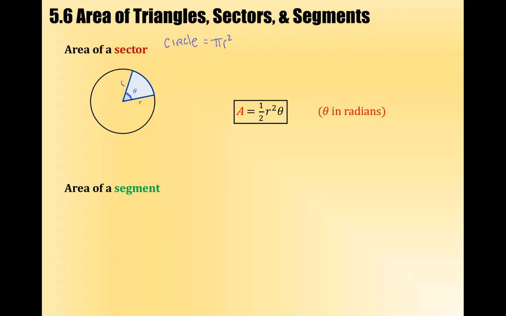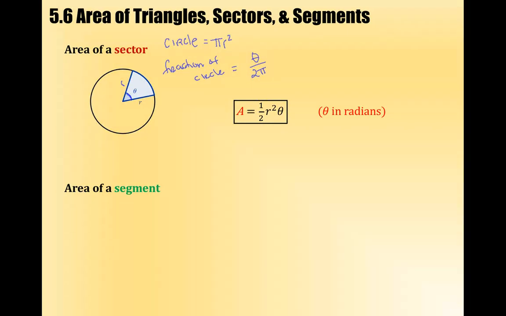This is how much you want to figure out the fraction of the circle. Well, that's going to be theta over 2 pi, right? An entire circle is 2 pi. You might remember doing this with x over 360, and you find what portion of the circle we're working with.